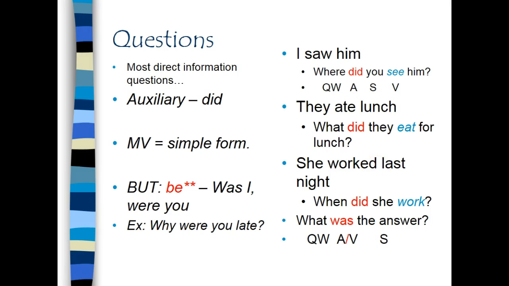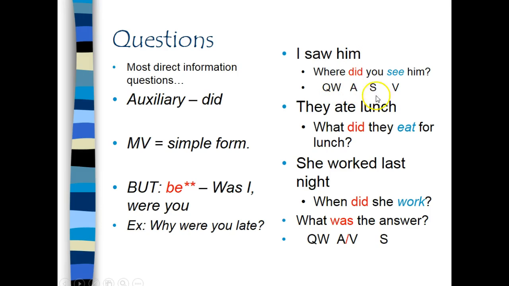With questions, we follow the same rule, except the word order changes. For most direct information questions, our auxiliary is did, and your main verb goes back to the simple form. Of course, the exception is the verb to be, in which we invert the subject and the verb. So my sentence, I saw him, I'm going to change the order.